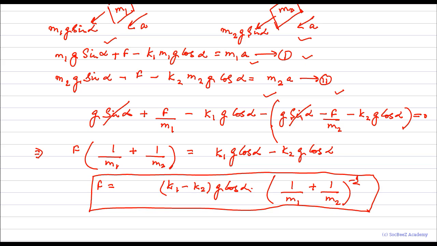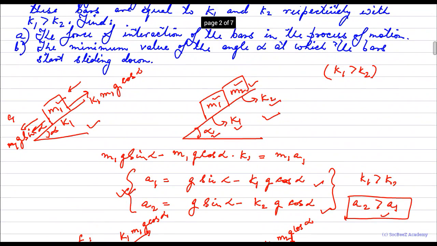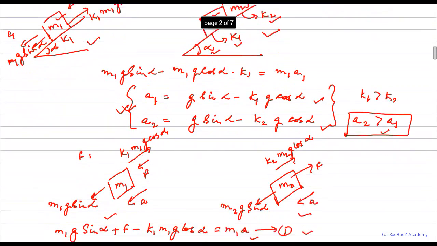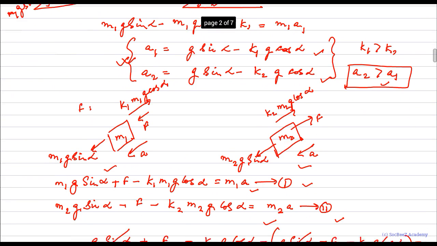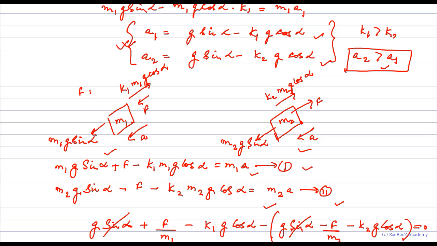Okay, now in the second subpart of the question, I had to find out the minimum value of the angle alpha at which the bars start sliding down. This simply implies that the net force on the bar of mass m1 in this particular case is going to be equal to 0. Okay, so that basically would mean that I'll have this thing as 0 in that case. Okay, fine.